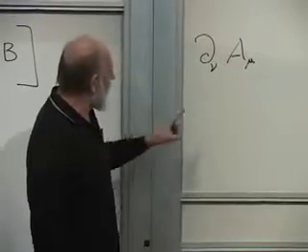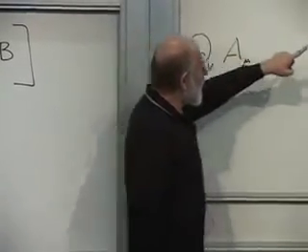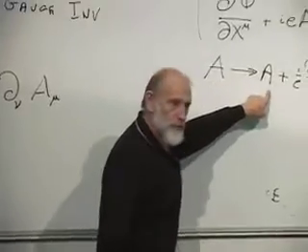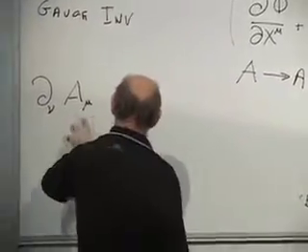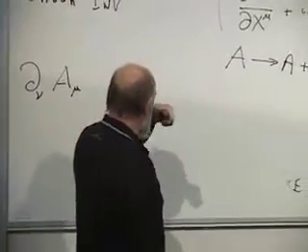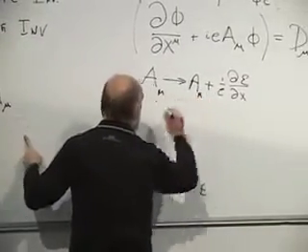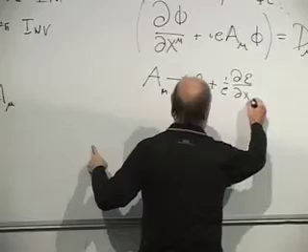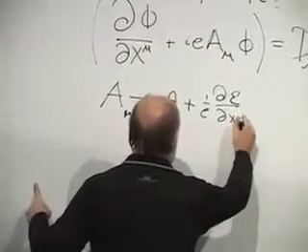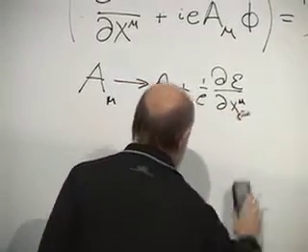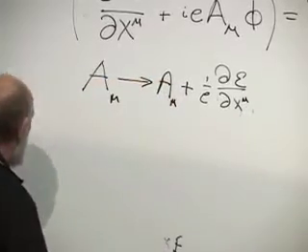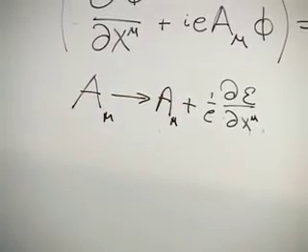Now, what happens to this object when you subject A to such a transformation? What happens is it picks up an extra term. So let's look at it. Here's A_mu. What about the derivative of A_mu with respect to x^nu?